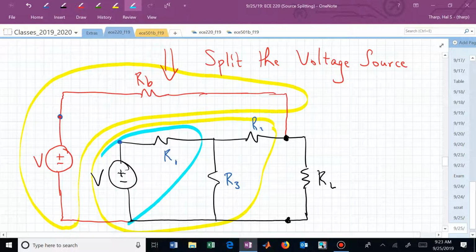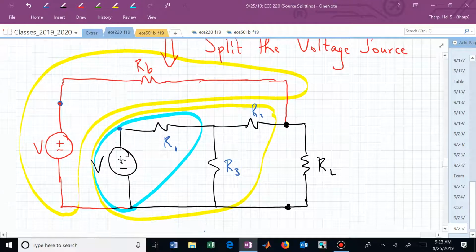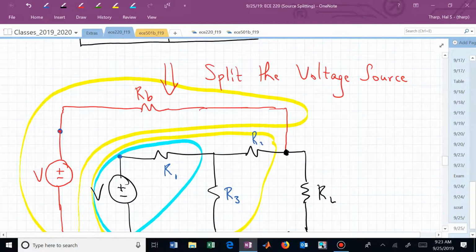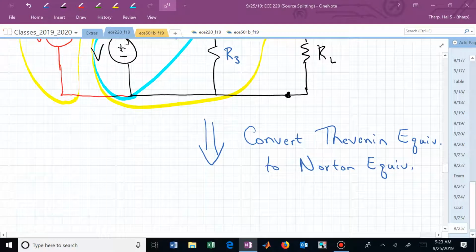Can I now take this blue highlighted piece and convert that into a Norton? And then I'll be able to combine R1 and R3 and simplify that a little bit. So let's now convert these Thevenin sources to Norton sources.